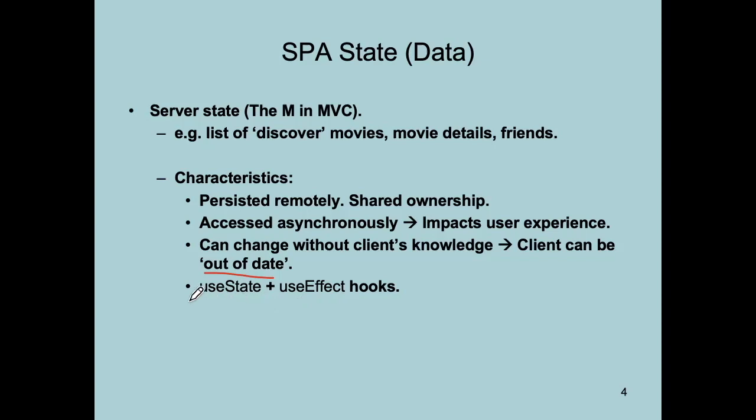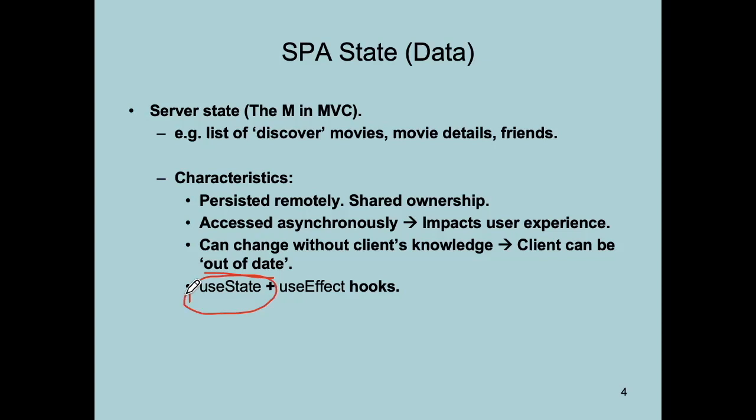It's debatable whether we should really be using useState. Maybe we should be using some sort of third-party library to take care of storing server state data within the browser. For example, you may have come across references to something called Redux, which is a third-party library. There are lots and lots of third-party libraries that handle state management, server state management for single-page apps.